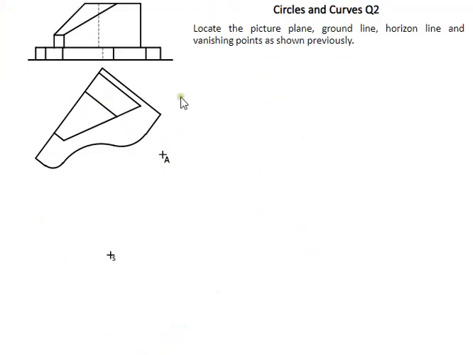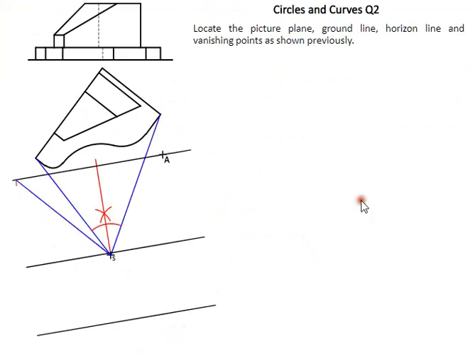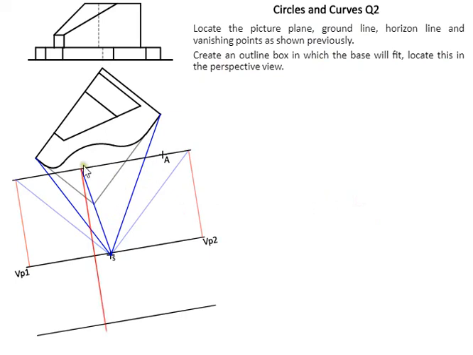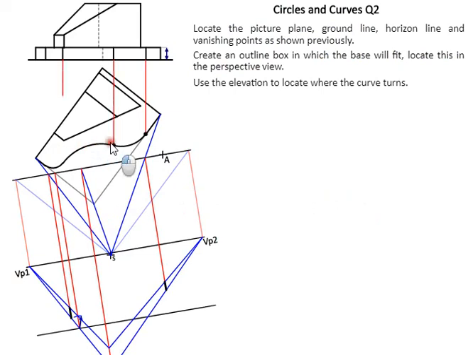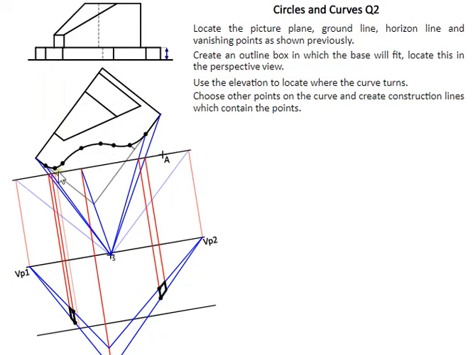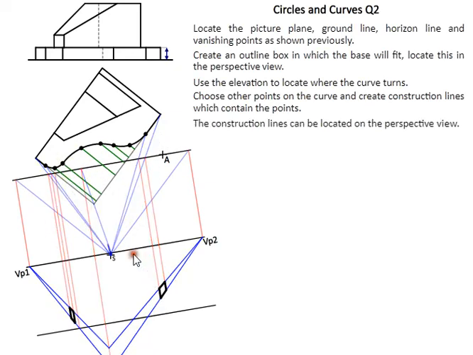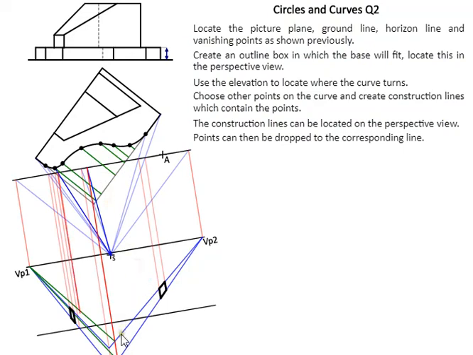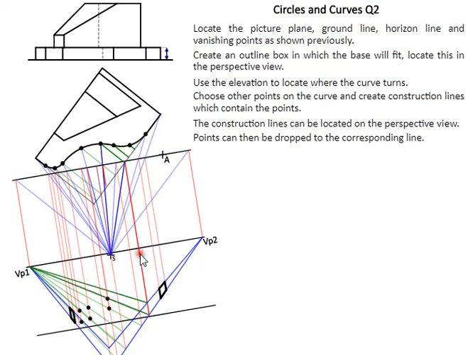Now this is another section, but I'll just quickly flick through it. Basically we have sections here, and we start off with all the rectangular sections first, and then we look at how we do the curved sections. So what we have here is a whole series of points. We're setting up this imaginary box for the base, and bringing all these points on this imaginary box to the picture plane, and then plotting out all these points afterwards by joining everything to the spectator point and to the picture plane.